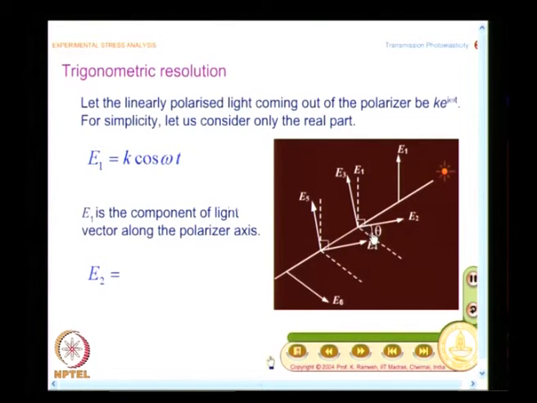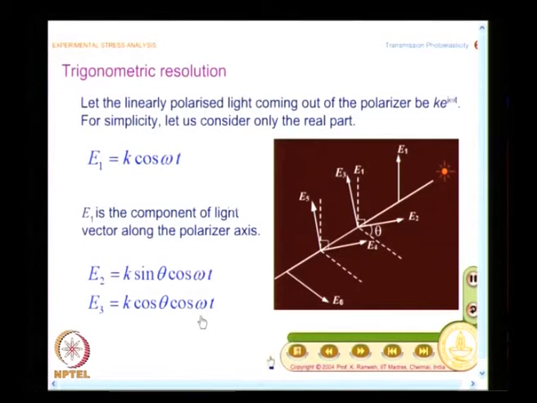Because of this orientation, this is 90 minus theta here. So, a component will pass through E2 and another component will pass through E3. Essentially the amplitude will change. So, I have E2 as k sin theta cos omega t and E3 as k cos theta cos omega t. It is fairly simple.